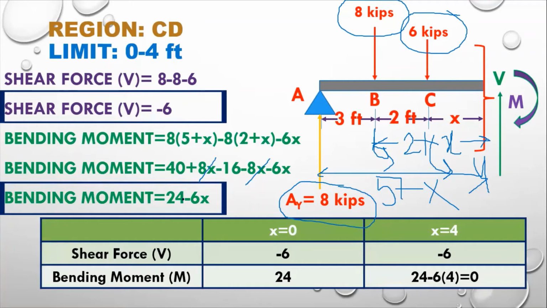Keep it in mind that -6 is equal to Dy, which was the support reaction, and it is opposite because Dy was positive and the last value of shear force is negative. So it's okay, your answer is correct. And the final bending moment comes out to be 0 because we put 4 instead of x, and we get 24 minus 6 into 4, which becomes 0.